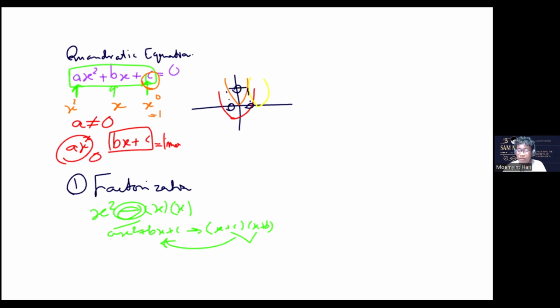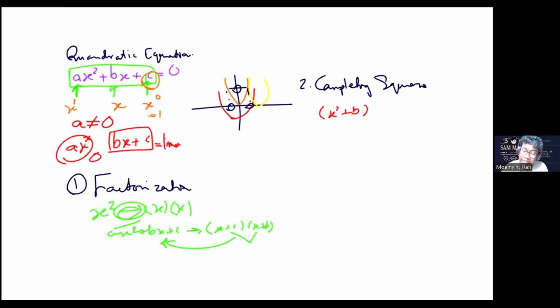And then another method we have is completing the square. Okay, what is completing the square? I'm going to talk a little bit about it first, and as I said before, I'll explain in more detail later. Completing the square is inspired by the form of a quadratic equation that exists in the form of (a plus b) the whole squared.